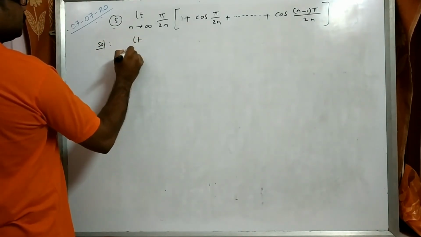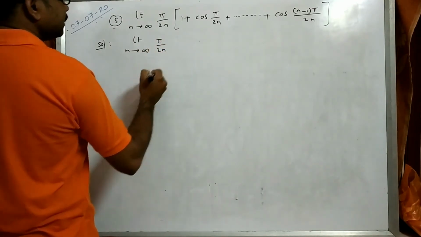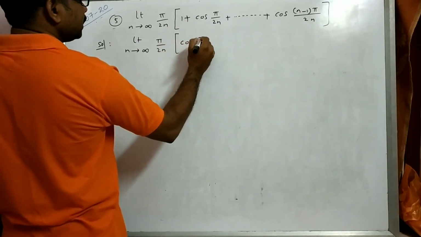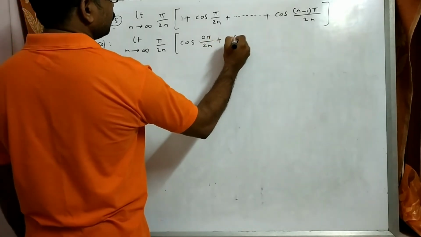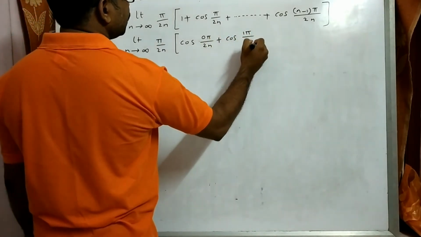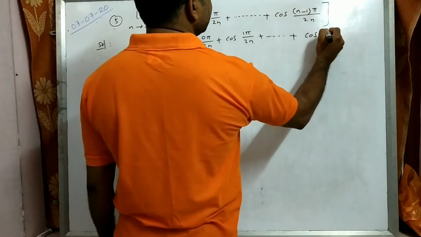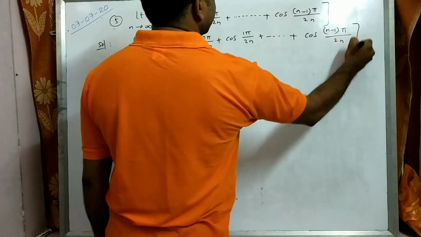Limit n tends to infinity. I will write pi by 2n as it is. 1 is there, no? This can be written as cos 0 pi by 2n, cos 1 pi by 2n, okay, plus so on. Rth term is already given, nth term is already given, n minus 1 into pi by 2n.